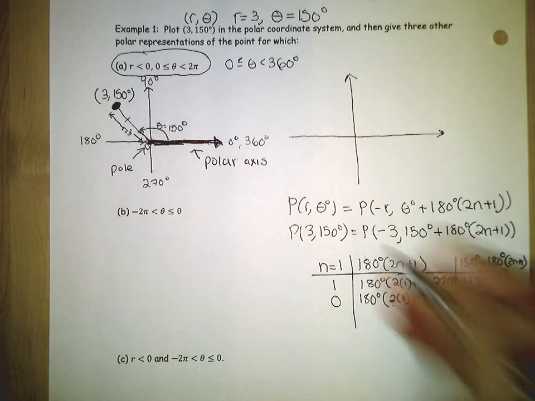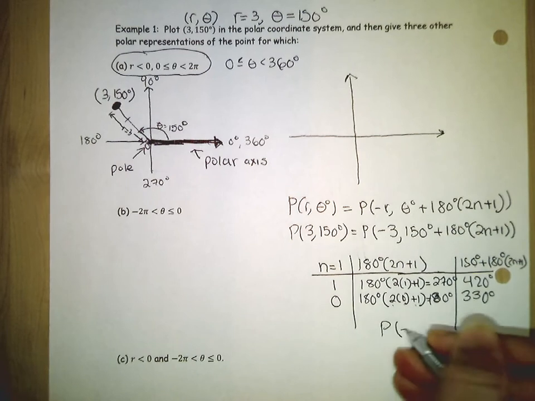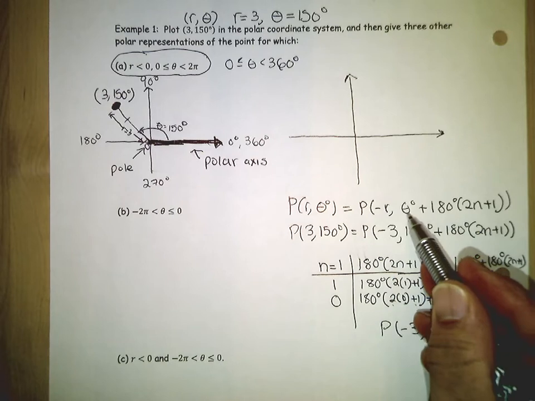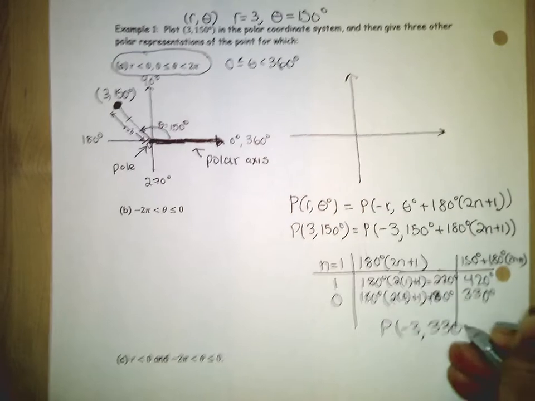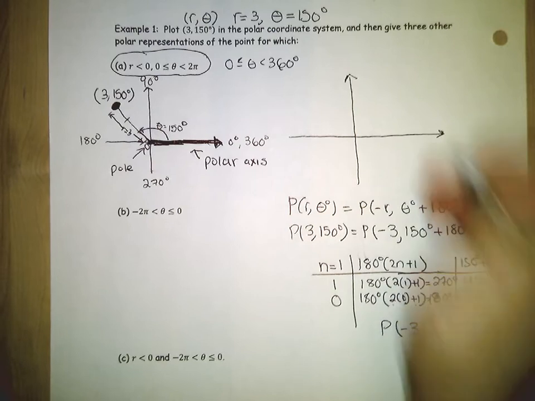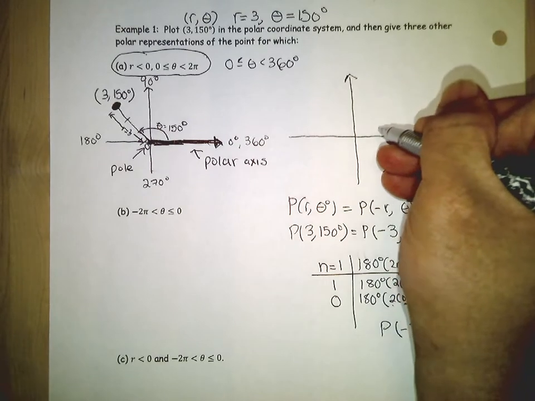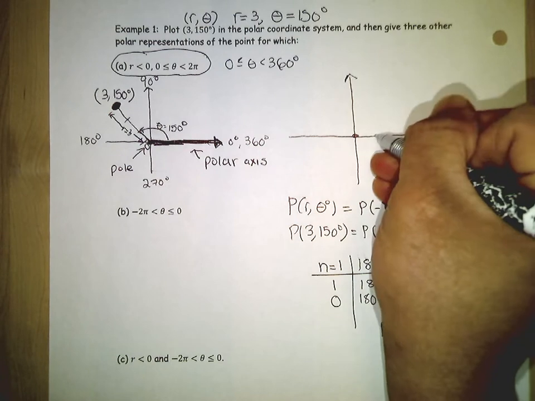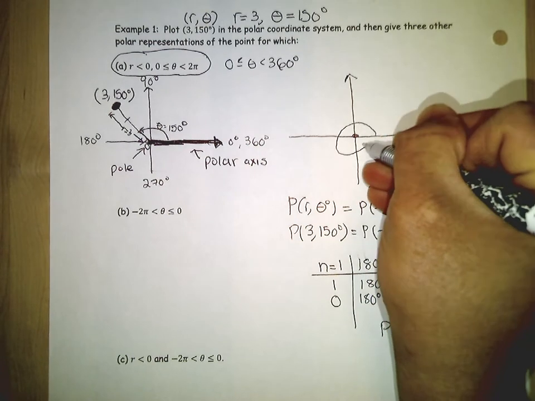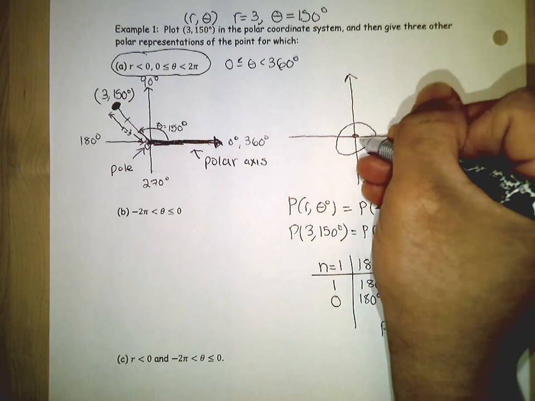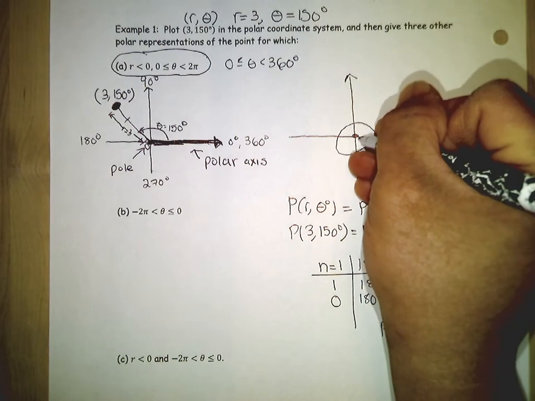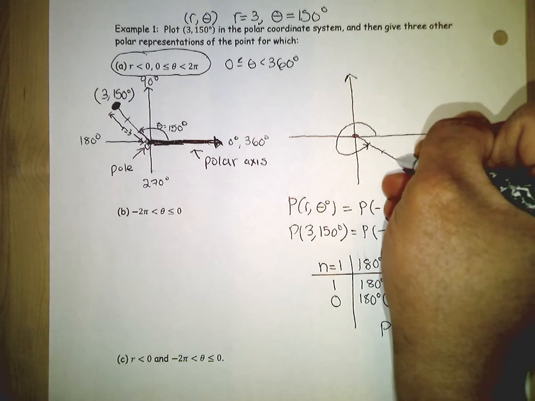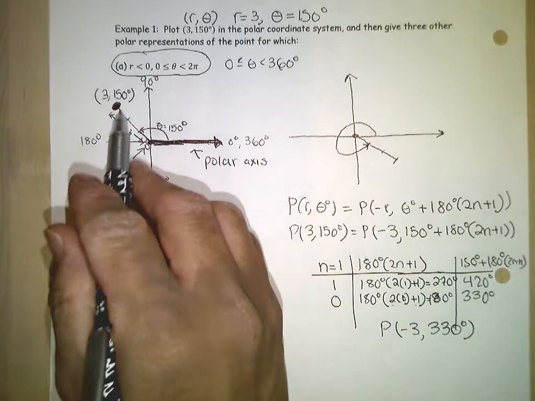So if r is equal to -3, and we have 330 degrees here, then we need to find the 330 degrees from the pole. So here is 330 degrees, and r equals 3 would be 1, 2, 3, but we want the point to actually be over here.